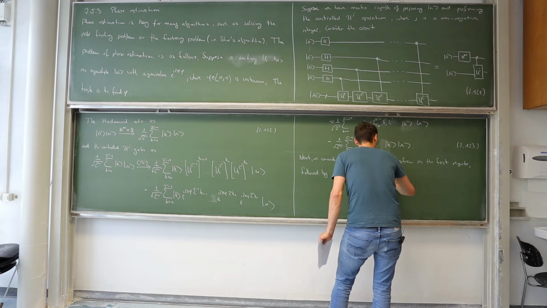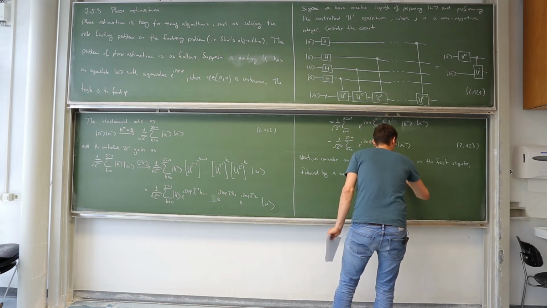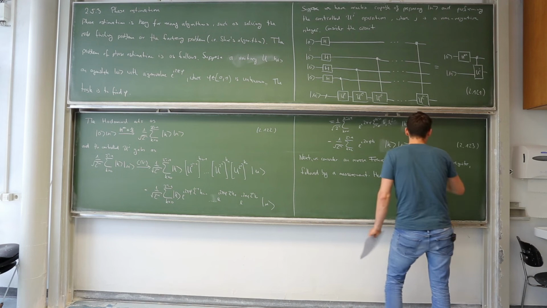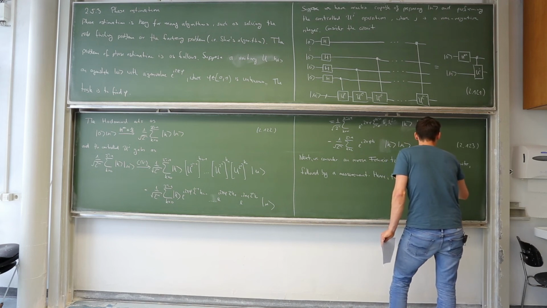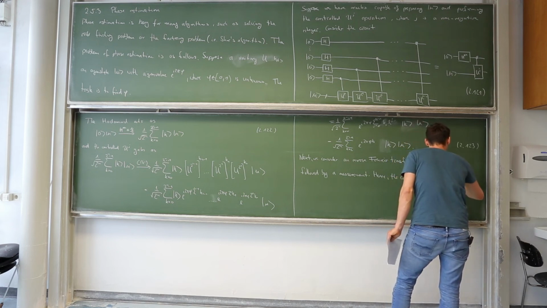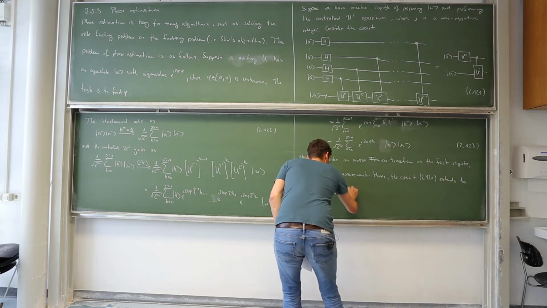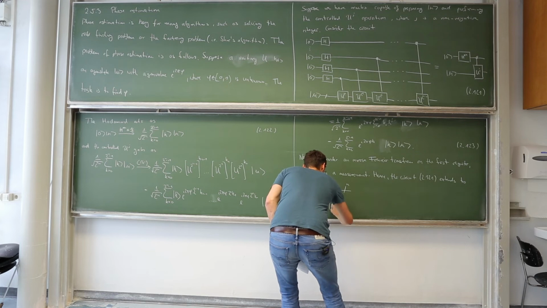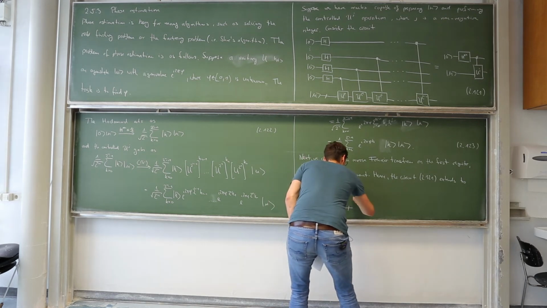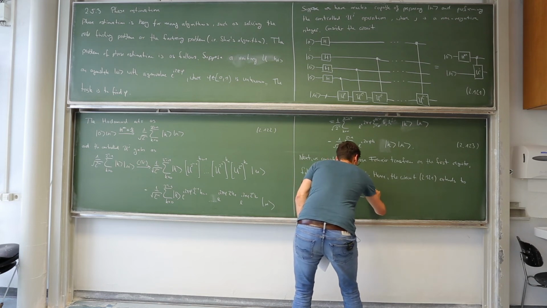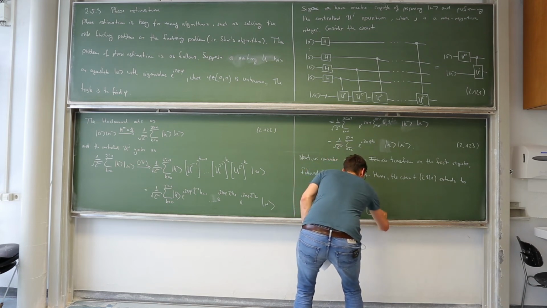Hence, the circuit is this one. So with n zero bits, then with u, we had here our Hadamard, then these controlled unitaries.